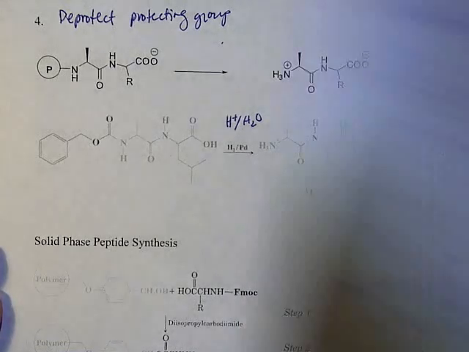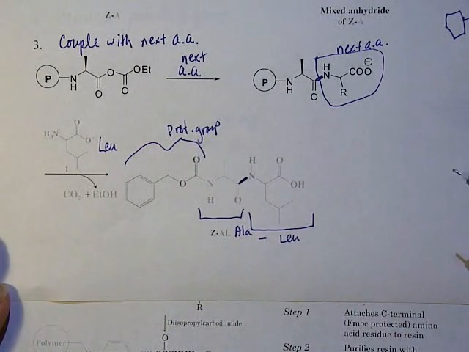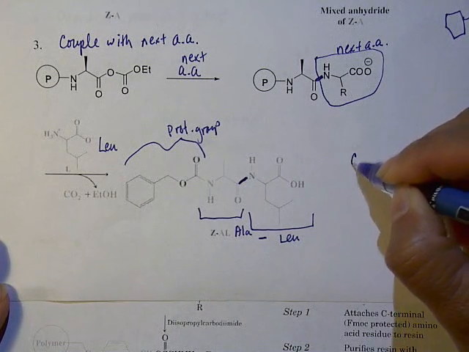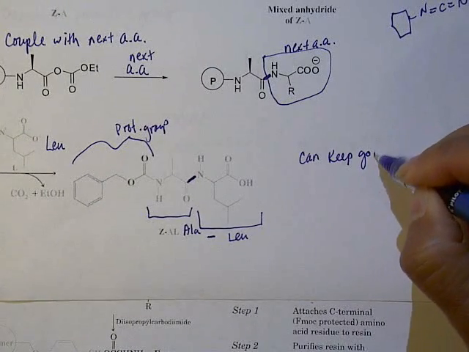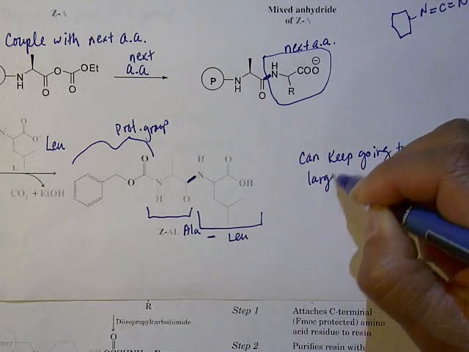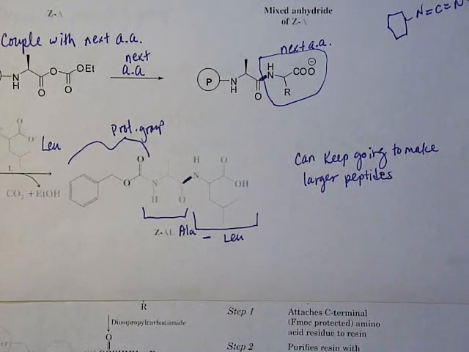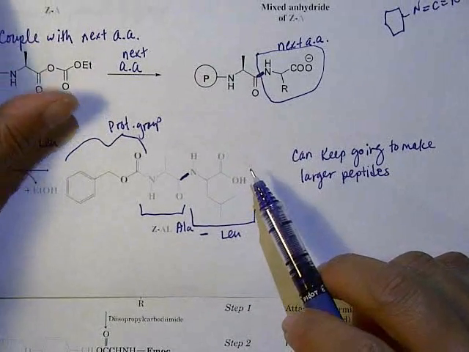Right? Now let's say though you want to make meganin and you want to keep making the 20 amino acid, then what you do then is you could keep going. And all you have to do then is to activate this. So go back to step 2.